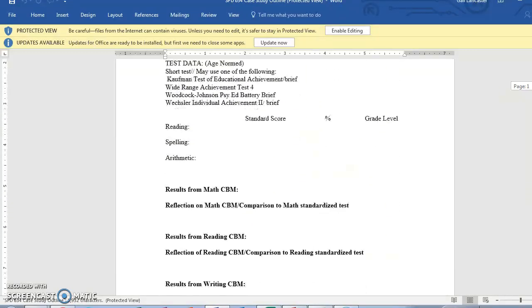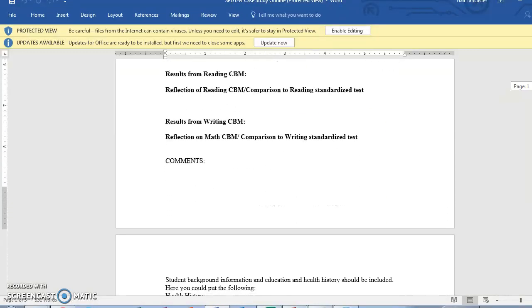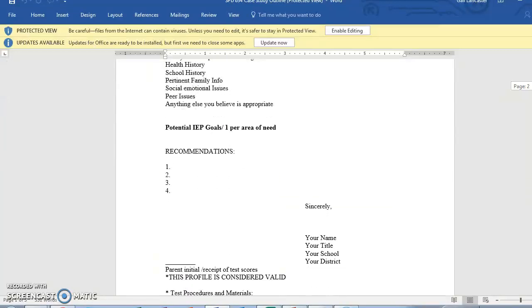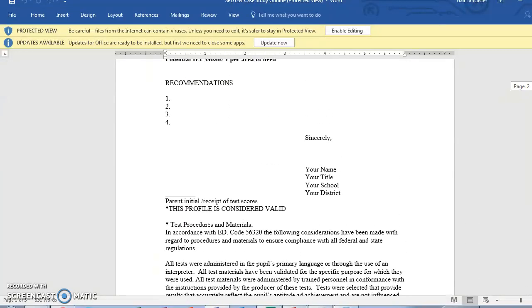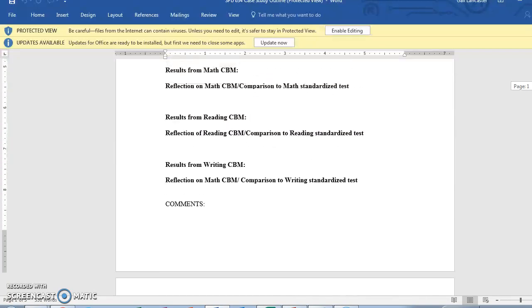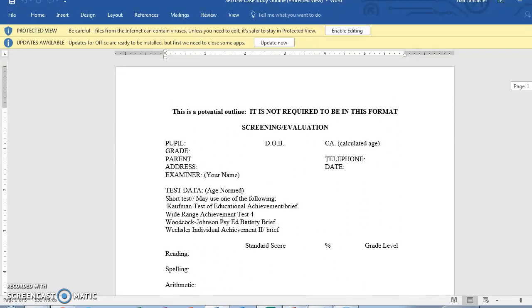And I just think that it structures it so you don't have any issues with missing anything as well. So there are several things that can help you with your signature assignment.